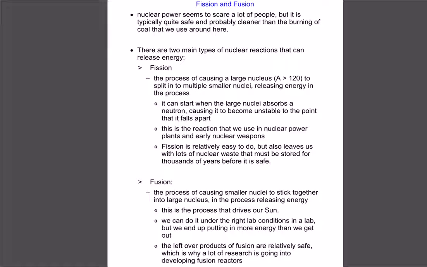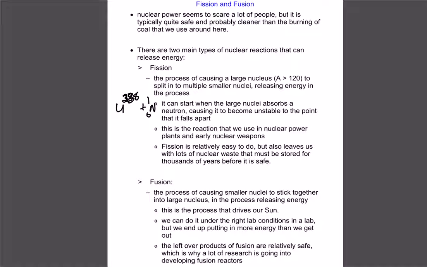So typically what happens is we start with something like uranium-238, and we add a neutron, which would be 0, 1. If we add a neutron to something like uranium, it becomes really unstable, and once it's unstable, it undergoes some sort of reaction, an alpha, gamma, whatever, which releases power.